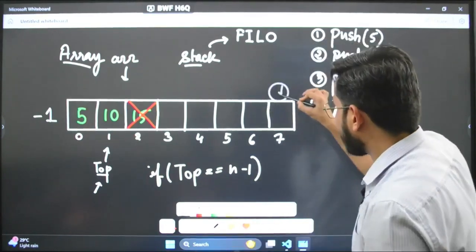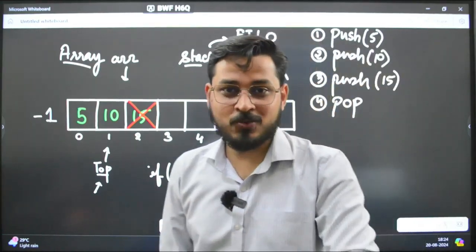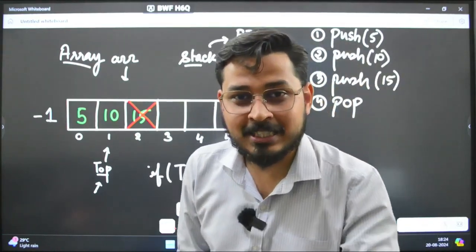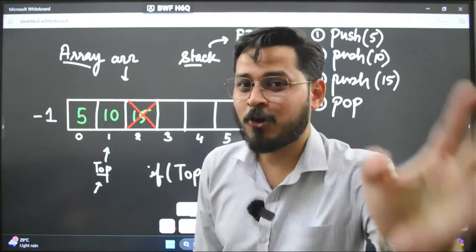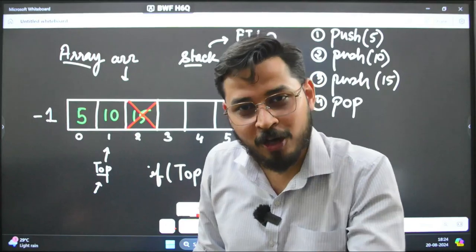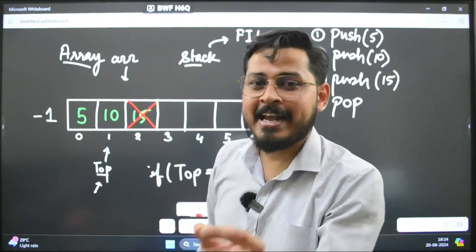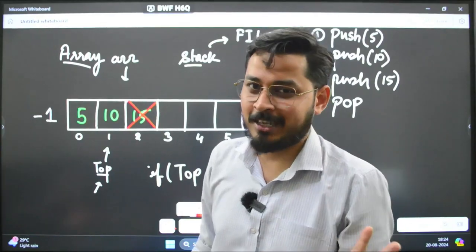That means if top is already at n minus 1, then it is stack overflow. Stack overflow means it is already full, so you cannot enter any more elements in this case.